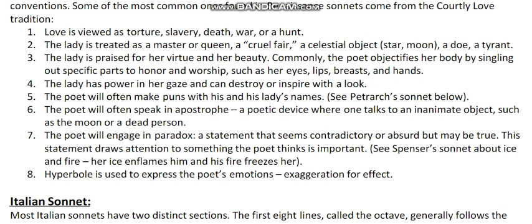The poet will engage in paradox, a statement that seems contradictory or absurd but may be true. This statement draws attention to something the poet thinks is important, like Spenser's sonnet about ice and fire: her ice enflames him and his fire freezes her, something like that. It is mentioned in the Spenserian sonnet.